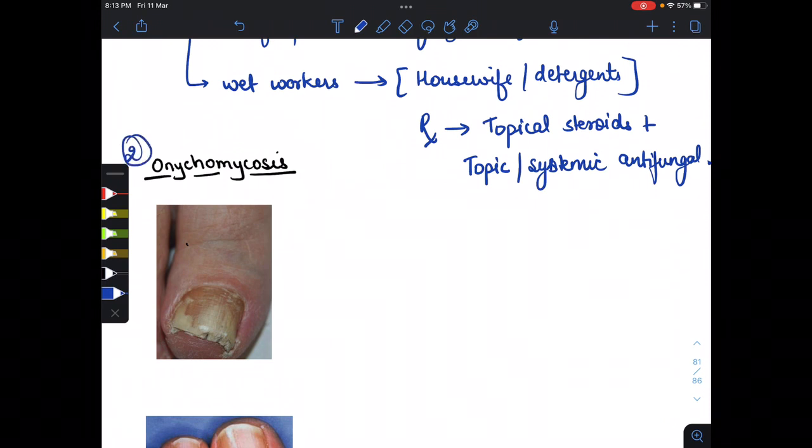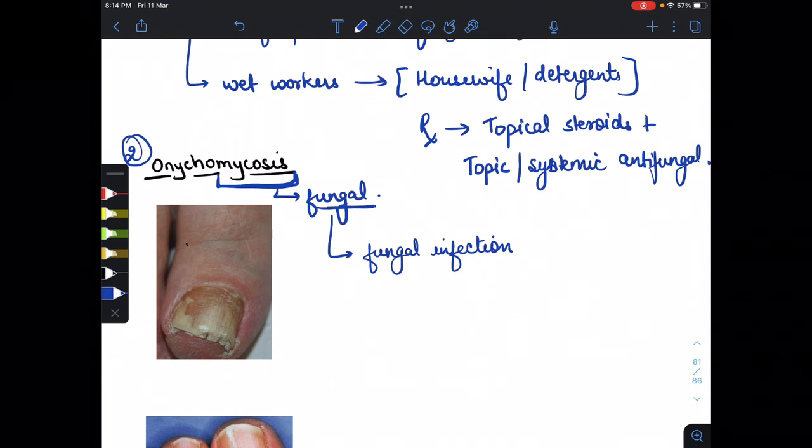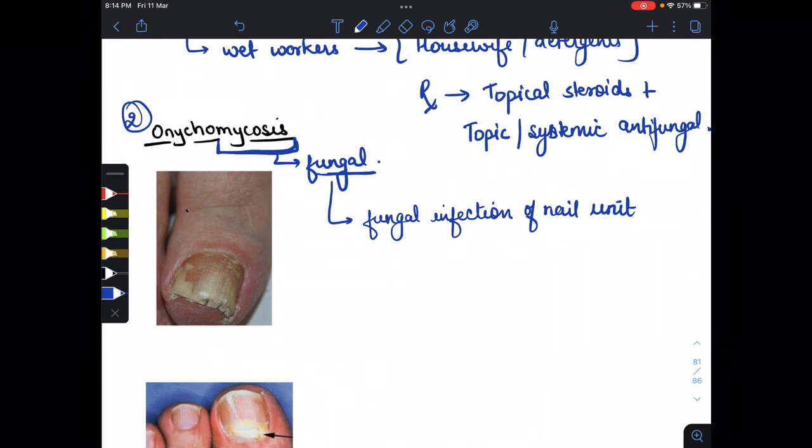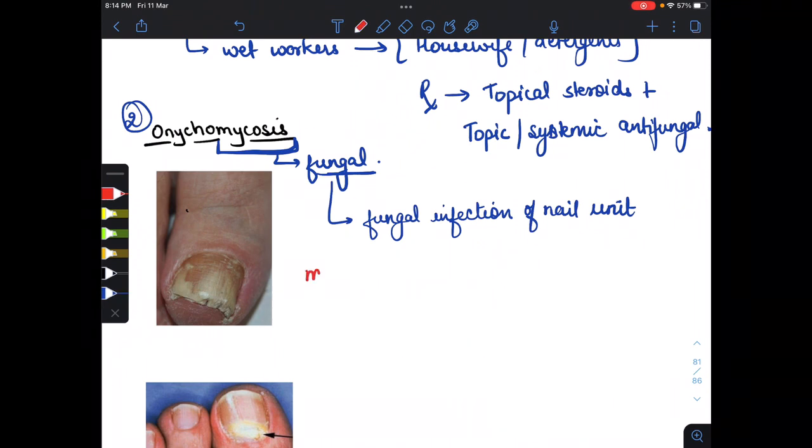Now the first disease is completed, that is paronychia. The second one is onychomycosis, where mycosis represents the fungal infection of the nail unit. Where does the fungal infection most commonly occur?